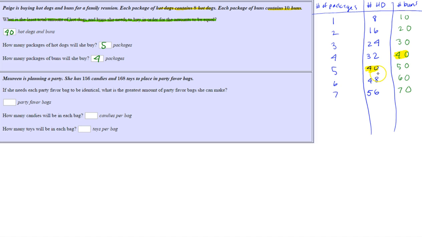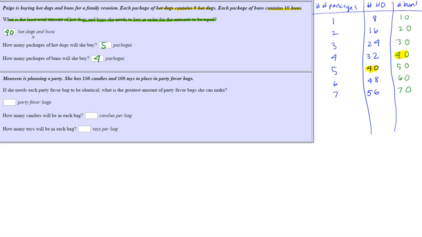equal. I bet you'll agree that if she bought twice as many, so 10 packages of hot dogs would be 80, 8 packages of buns would be 80, we'd have as many different corresponding amounts of equal hot dogs and buns as we'd like. But we were asked to find the least amount, which will be 40.